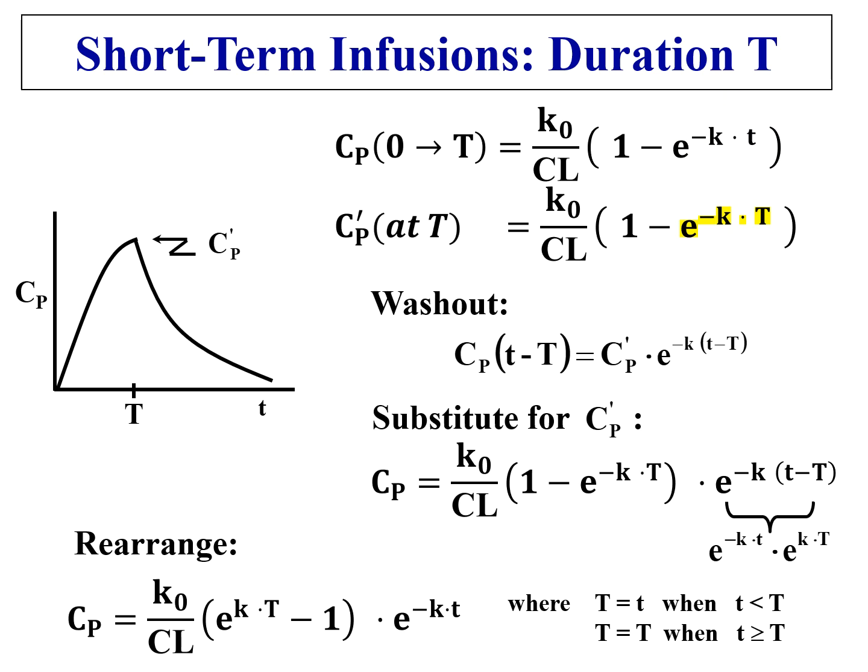A very common situation is a short-term infusion. So the graph shows what would happen there. So we have plasma concentrations rising up to the T, capital T. We hit the CP prime, and then we have the washout. So what the derivation involves is identifying the CP prime at the capital T, and then we have the washout.